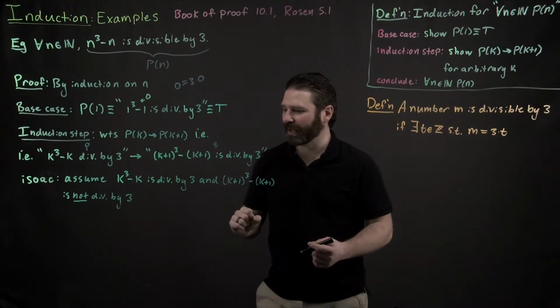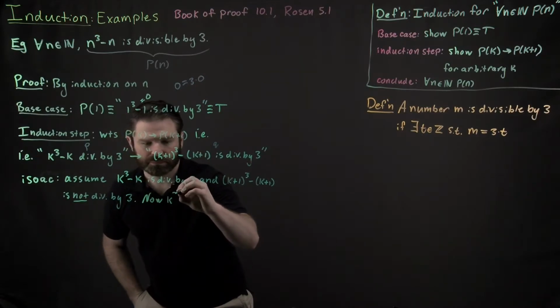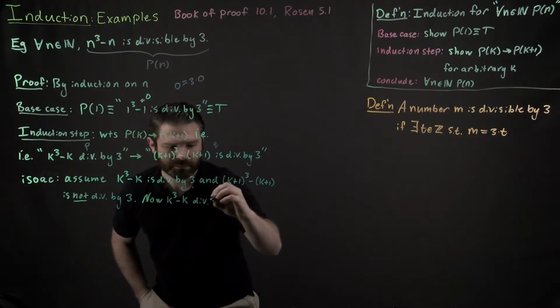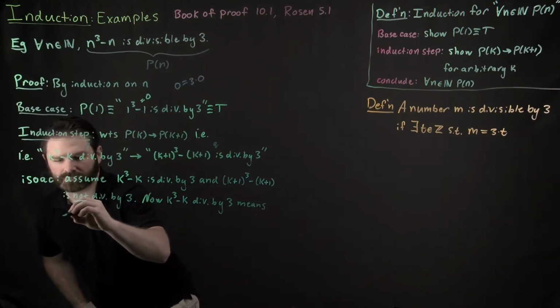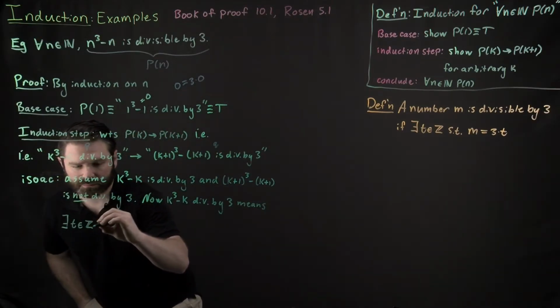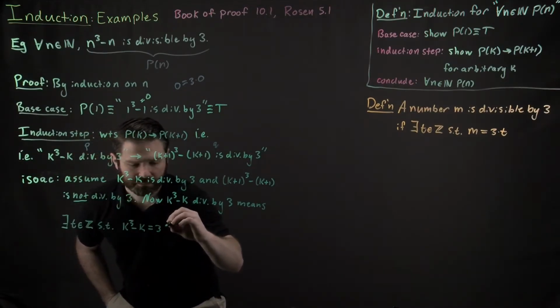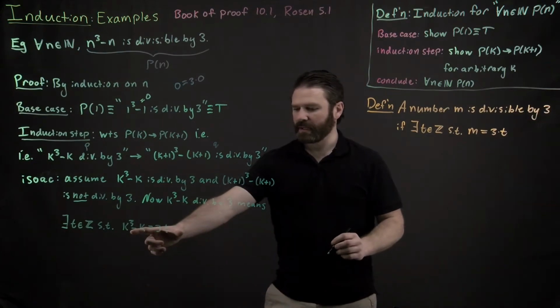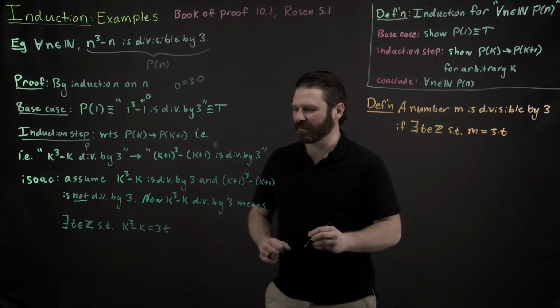This thing is divisible by 3. And I've just used my definition again to write down that that's what it means to be divisible by 3.